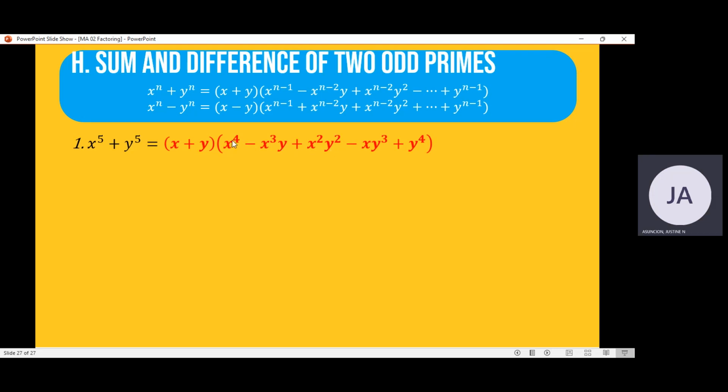As you can see here, the degree of x is decreasing, from 4, 3, 2, 1, and then 0, while the second term is increasing: we have 0, y raised to 1, y raised to 2, y raised to 3, and y raised to 4.